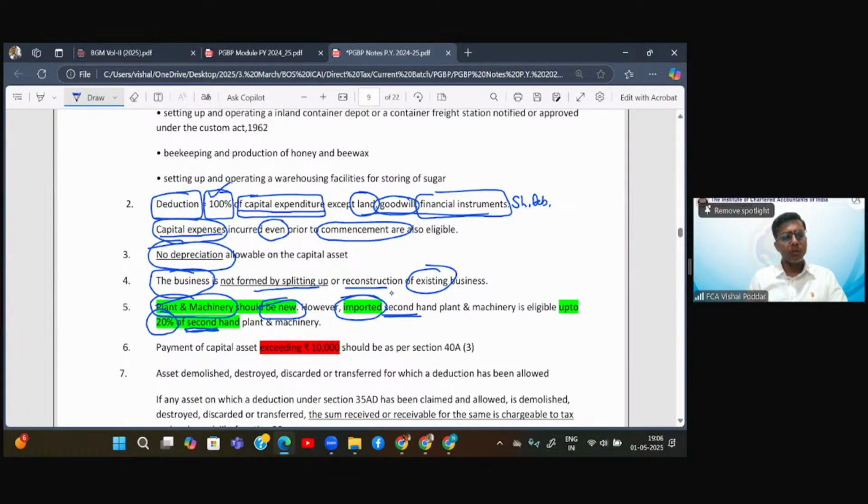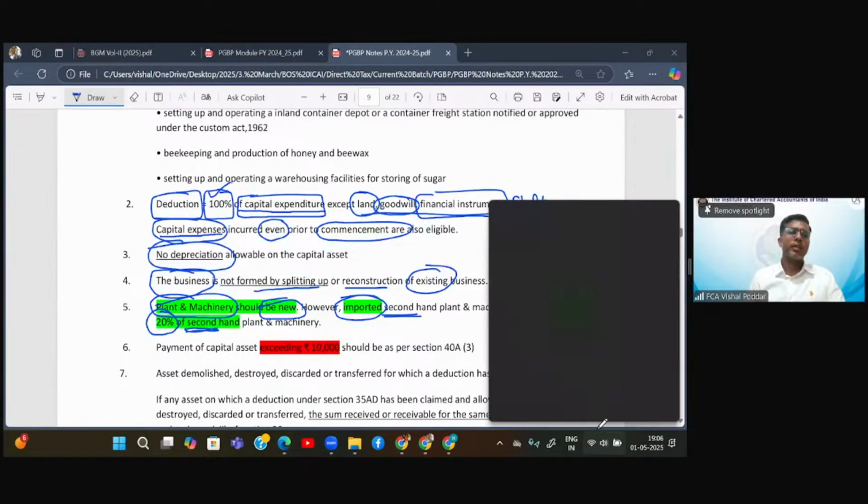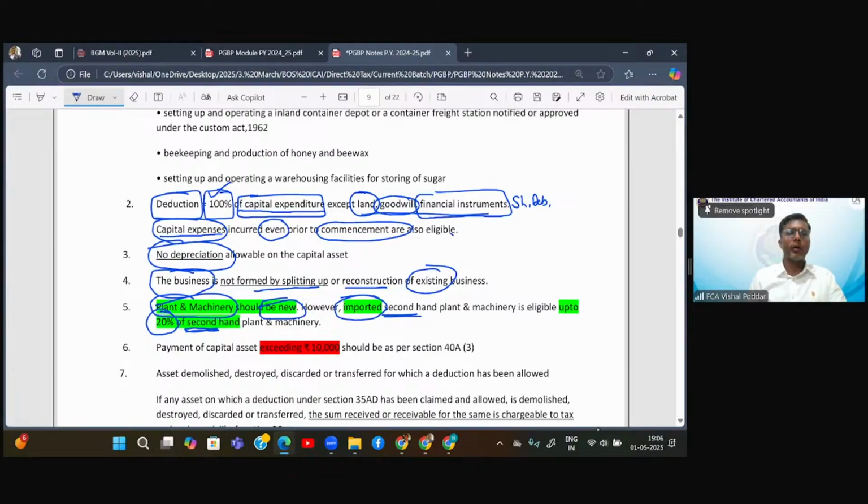So, for plant and machinery, the condition is, in order to be classified under this section for getting deduction of capital expenses, plant and machinery should be new. And when they say new, they have given 2 points as a relaxation. One, imported plant and machinery can be old, allowed. And if you are purchasing within India, that is domestic plant and machinery, up to 20% old is allowed.